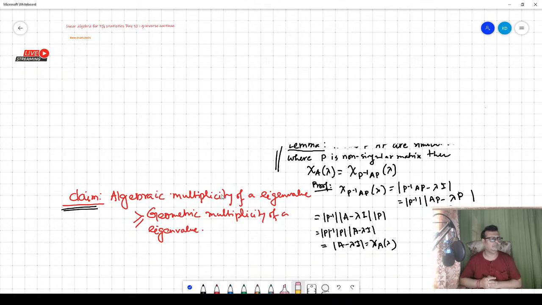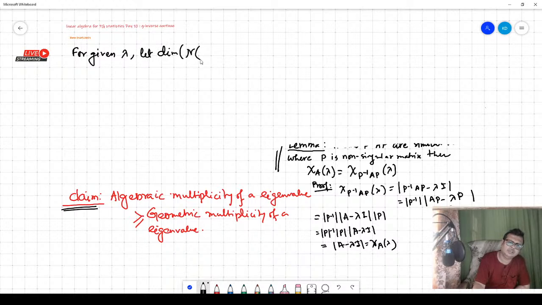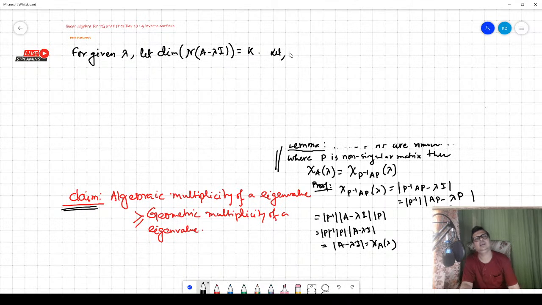So now I prove this claim. For a given eigenvalue lambda, let the dimension of the eigenspace, that is the null space of A minus lambda I, equal k. Since the null space of A minus lambda I is a vector space, it has a basis.